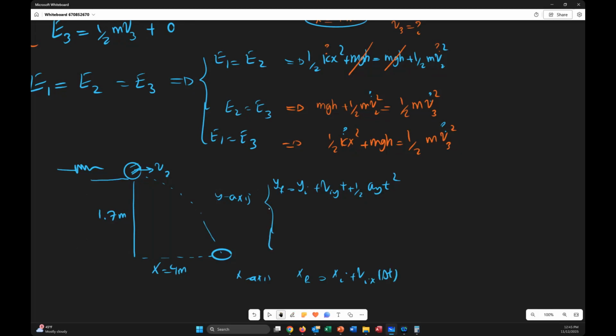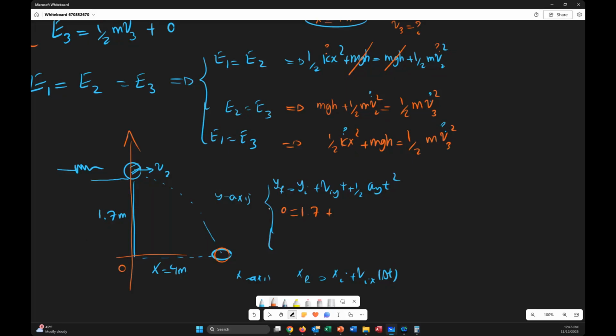Let's say this is a coordinate system, and this is the origin. What is the YF? What is the YI? Perfect. What is the VI in the Y direction?